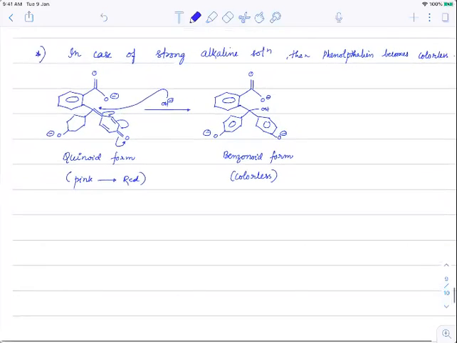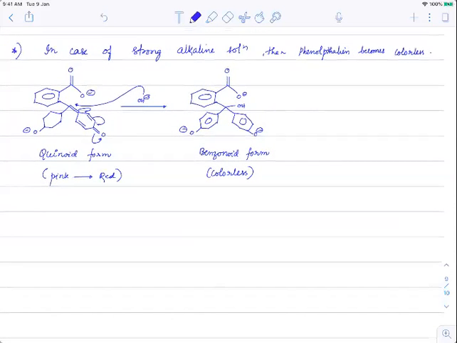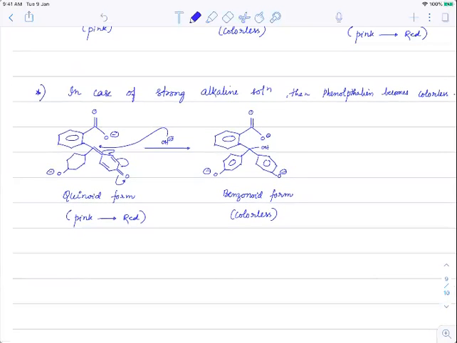As long as you have benzenoid form, it is colorless. So again, it will become colorless. I hope that point is clear.